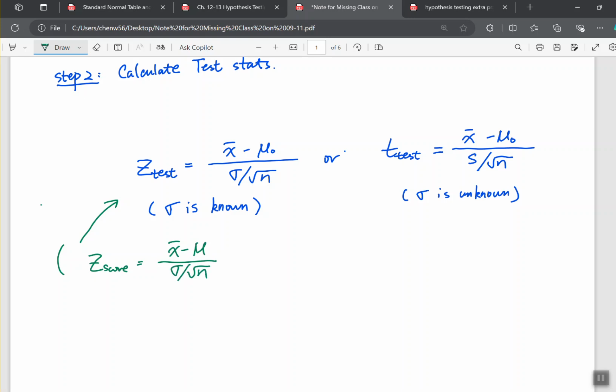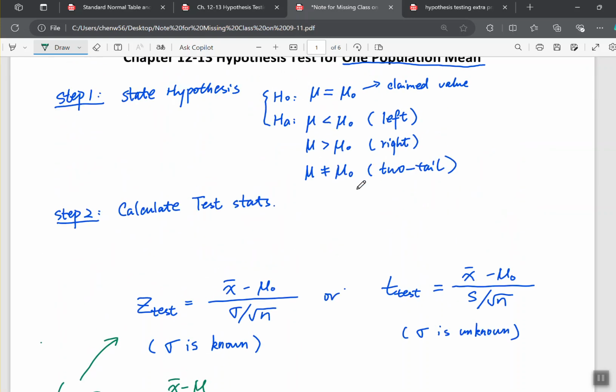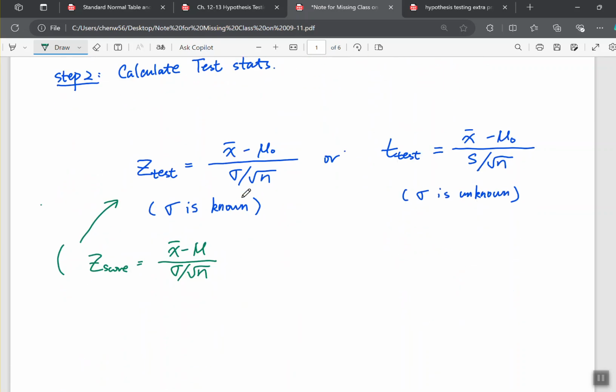The idea is we want to get a z-score, but the problem is we don't know the population mean mu. Then we need to have some value for this population mean mu. Since we are testing mu 0, which is our claimed value in our hypothesis, we first assume the null hypothesis is true, which means mu equals our mu 0.